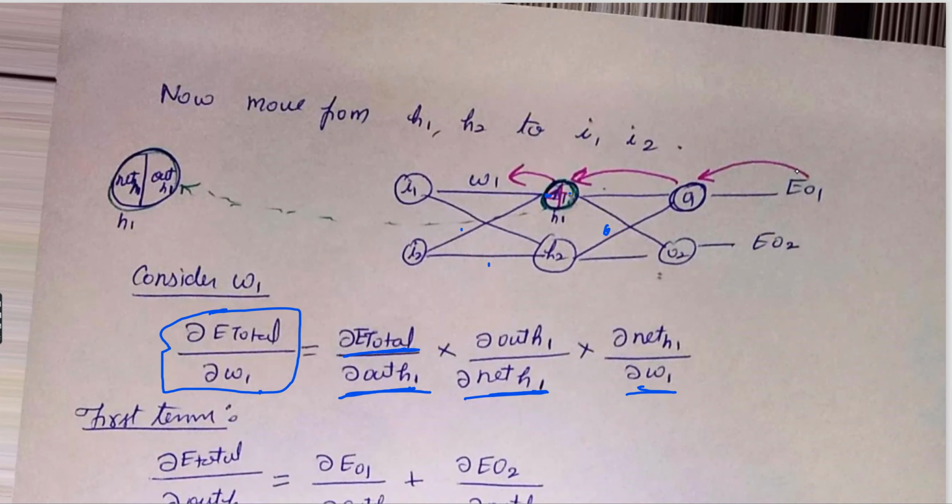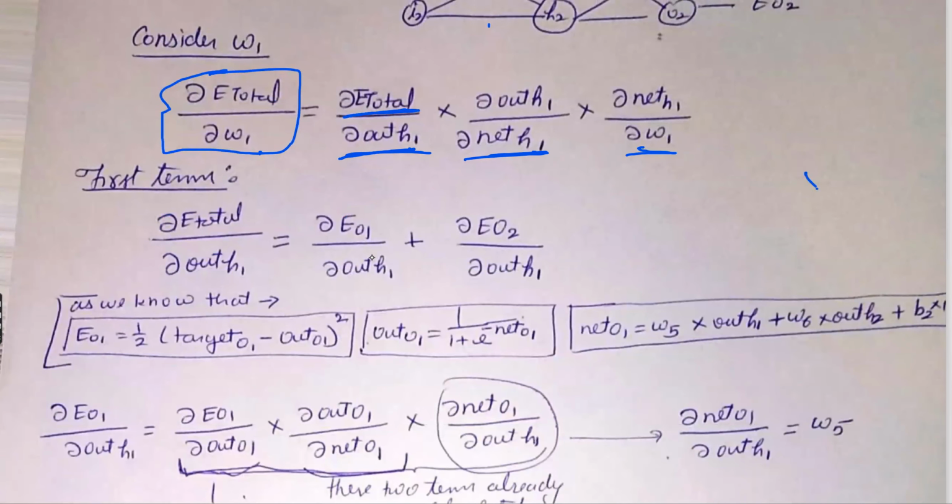In this node we were calculating the net H1 value and out H1. So E total is related to output H1, and output H1 is related to net H1, and net H1 is related to W1. So we will use this chain rule for calculating the partial differentiation of E total with respect to W1. Now how will we differentiate this?